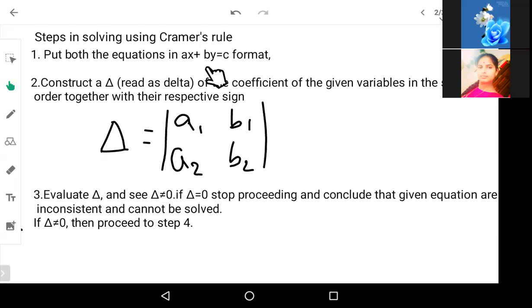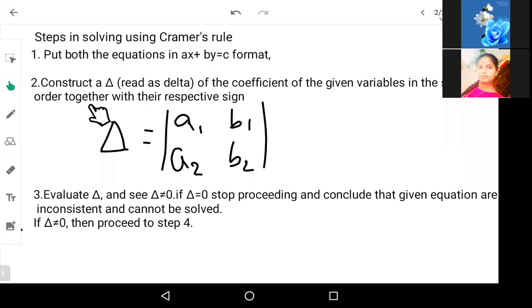After having the equations, since for simultaneous equations you need two equations, both should be in the same format. If it is not in the same format, get it to that format and then solve.